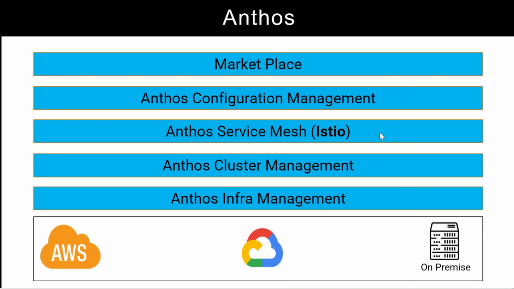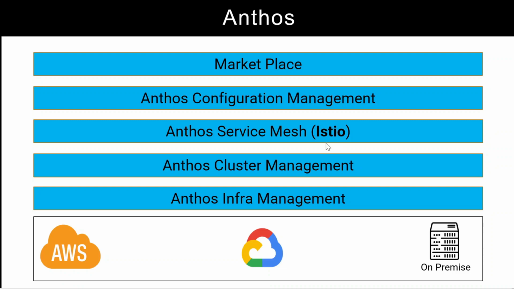Apart from providing a single management interface, Anthos also provides a set of tools to manage a reliable service. You might have heard about the service mesh design pattern in microservice. In microservice architecture, service mesh handles the common concerns for all the microservices like service discovery, load balancing, failure recovery, logging, and monitoring.